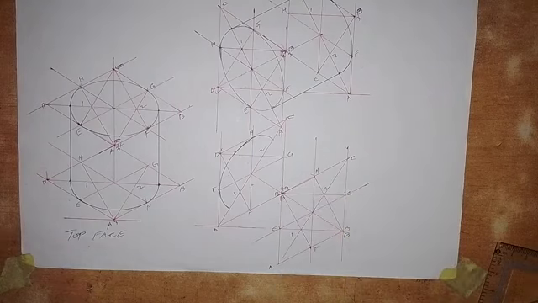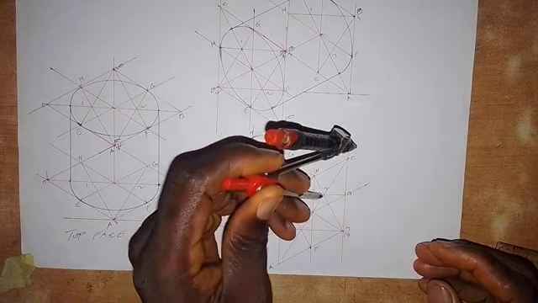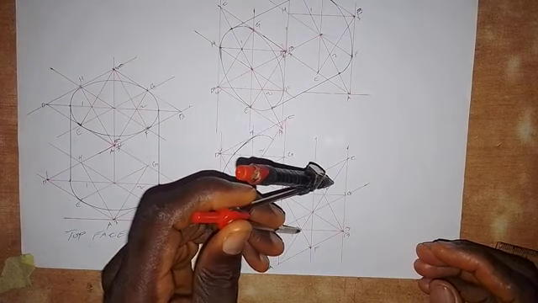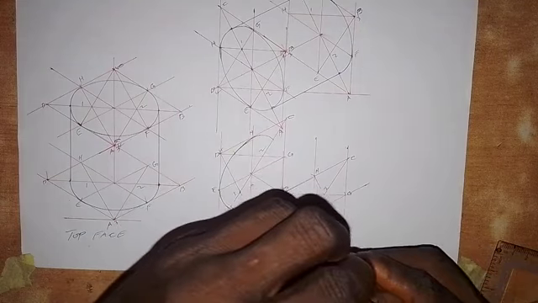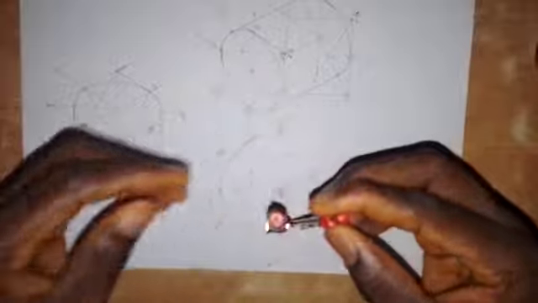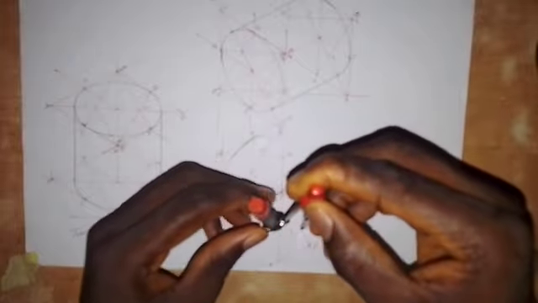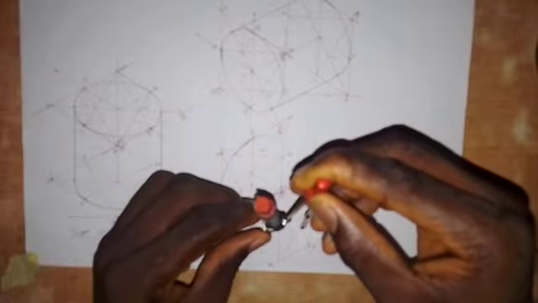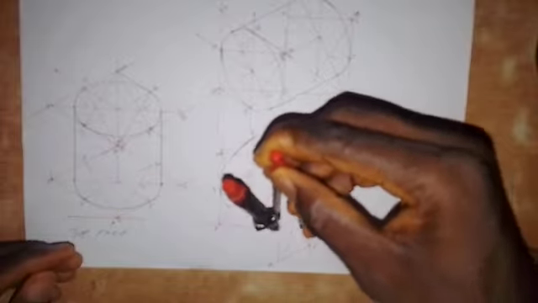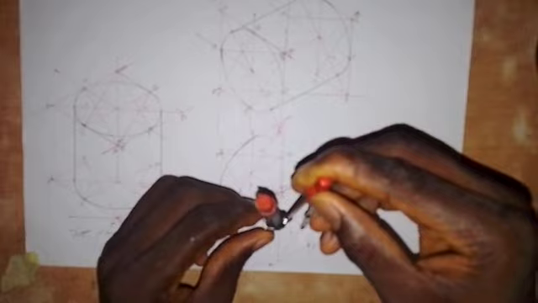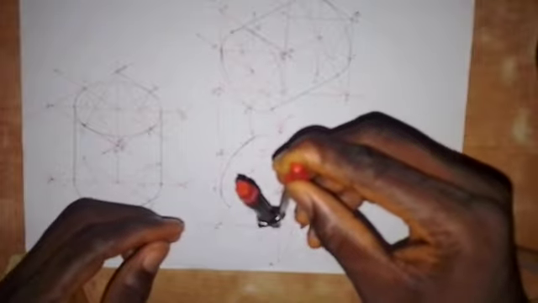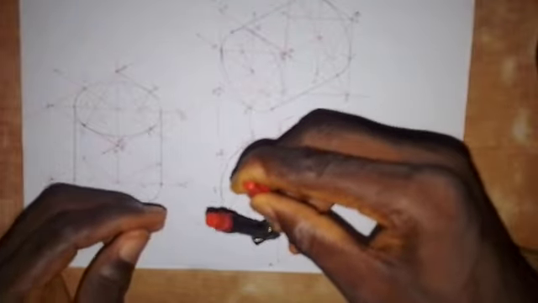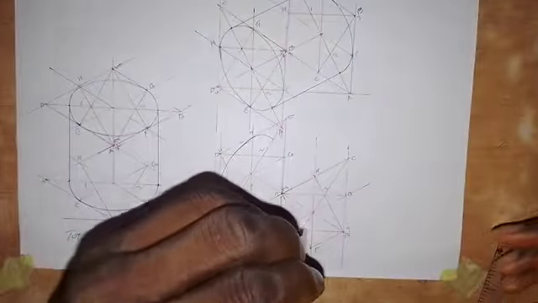Alright, so with the compass, we put the pinpoint here at center 1 and extend it to F. So we extend it to E or F. So we are okay. So we draw an arc like this from here. So we take this arc down like this.